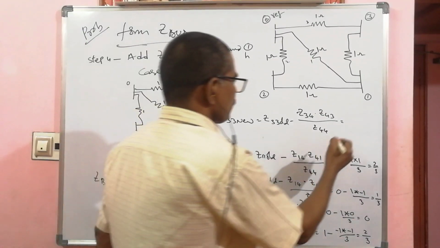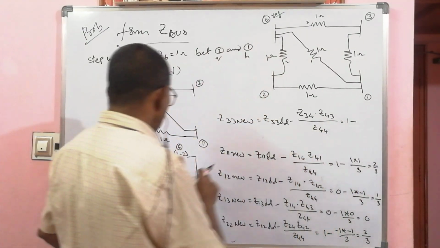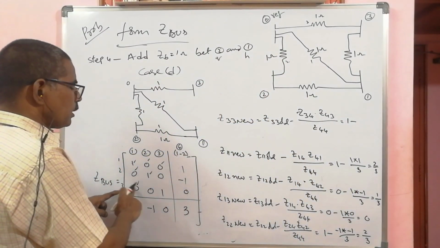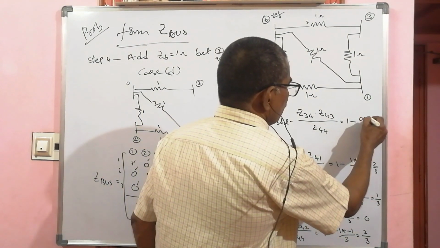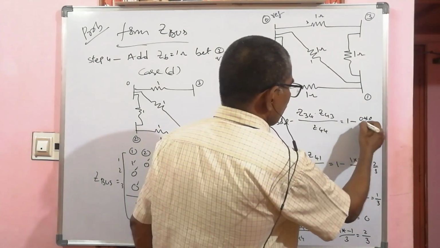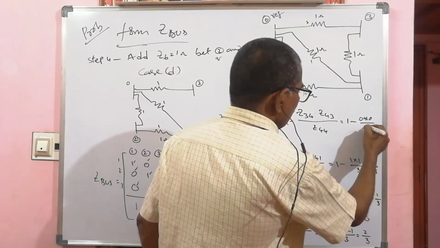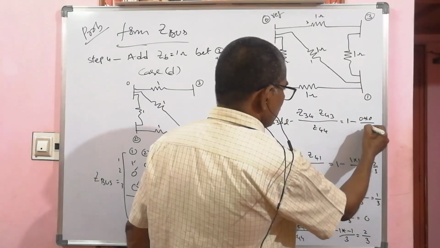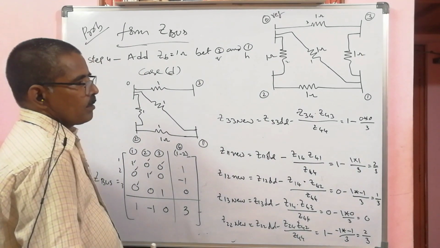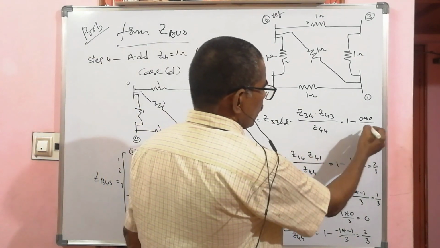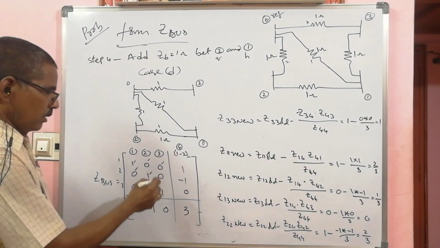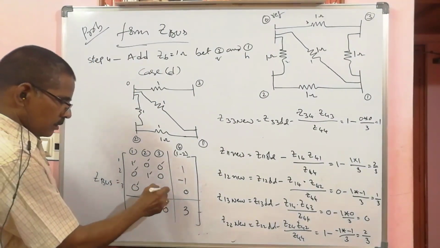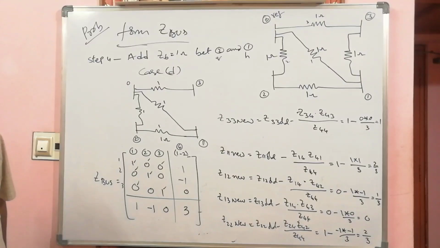Z33 old is 1 minus Z34. Z34 is 0. 0 into 0. Z43 and Z34 are the same. Divided by Z44 which is 3. So this is going to be 1. That is Z33. Z33 new is the same, 1. Is it not?